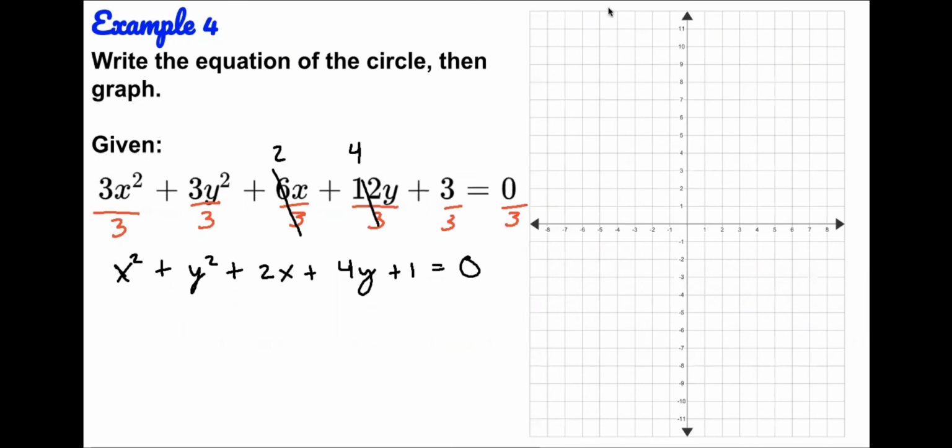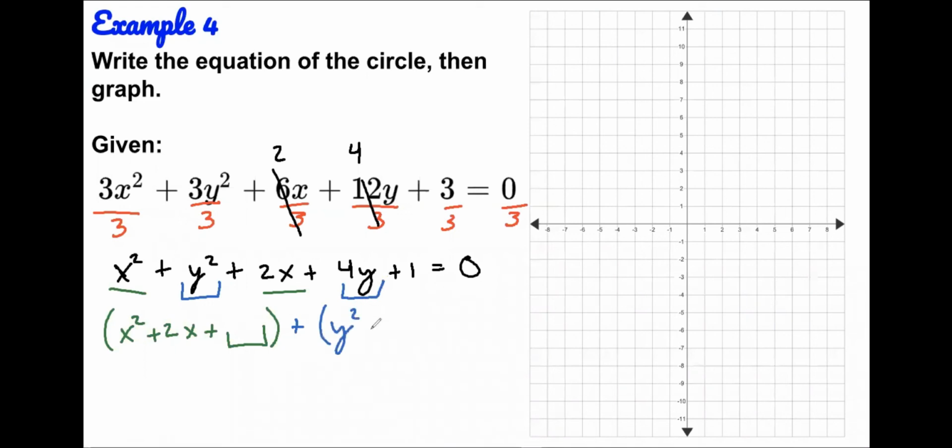So from here, same procedure happens. We can go ahead and now do our beautiful grouping and complete the square. So x to the power of 2 plus 2x plus my open space, plus, let's go ahead and group my y. So I have y to the power of 2 plus 4y plus my open space equals, I needed to eliminate that constant.